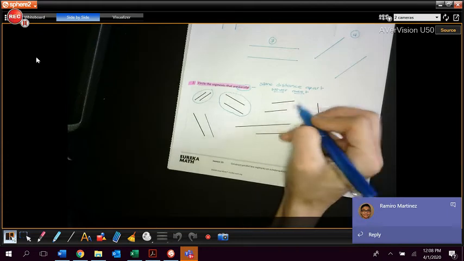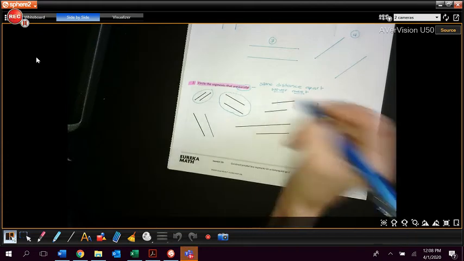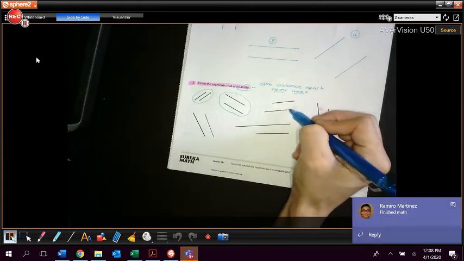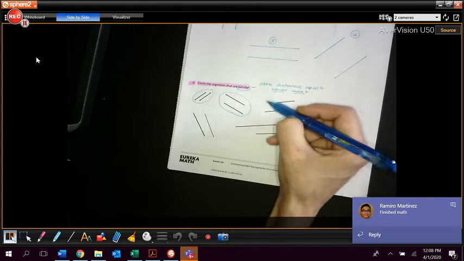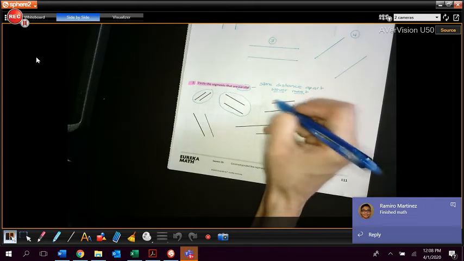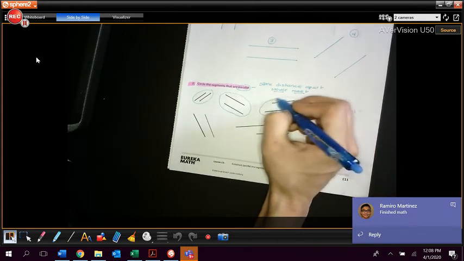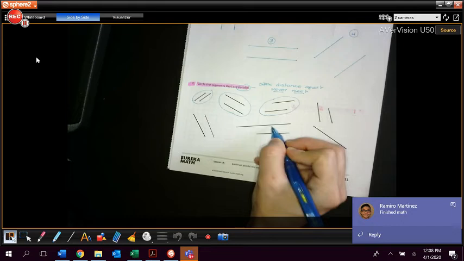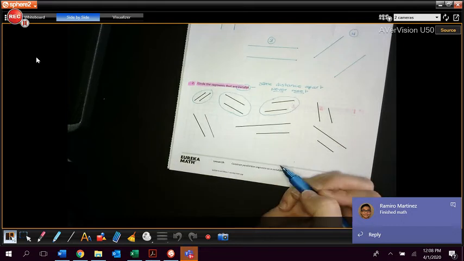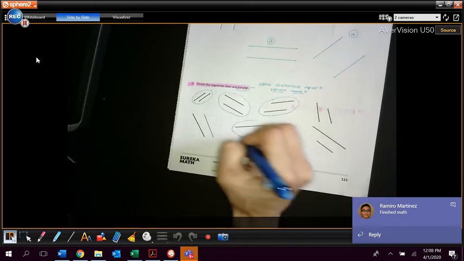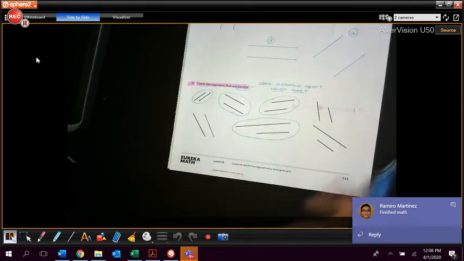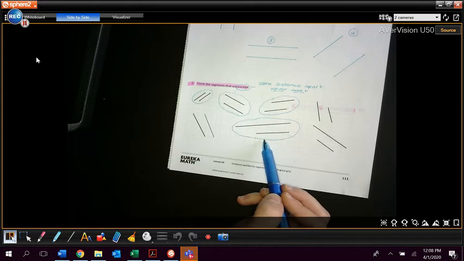Some of them were pretty simple. I know this one, the same thing. They are 2 units apart, and here the same thing, and again, they will not meet. This one right here, the same thing, they would not meet. This is another misconception that a lot of students had.